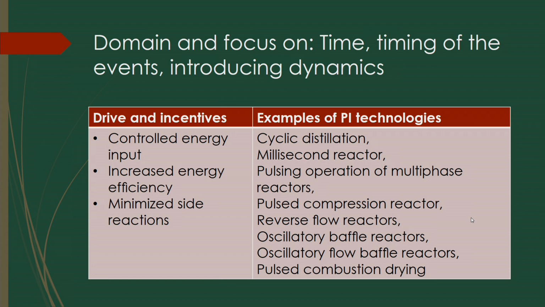Even pulsing operation of multi-phase reactors is happening nowadays, because to get homogenization of the phases, pulsing operation gives proficient operation in packed operations. Reverse flow reactors and oscillatory bubble reactors are used for intensified mixing of the fluid in a reactor to get better yield in chemical engineering processes.